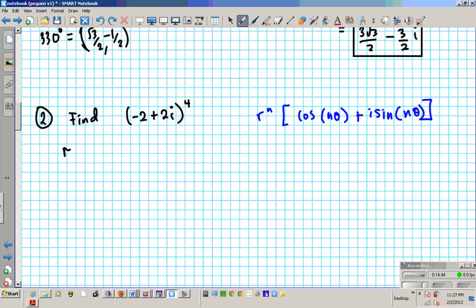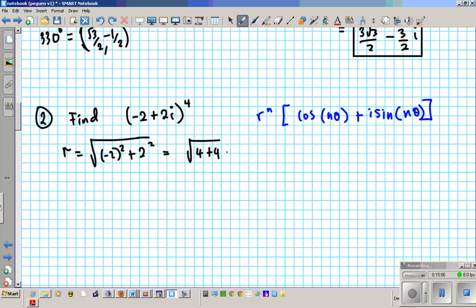So let's look for r. R is going to be the square root of a squared plus b squared. So it's the square root of negative 2 squared plus 2 squared, right? And then that's going to be the square root of 4 plus 4, which is the square root of 8, which reduces to 2 root 2.